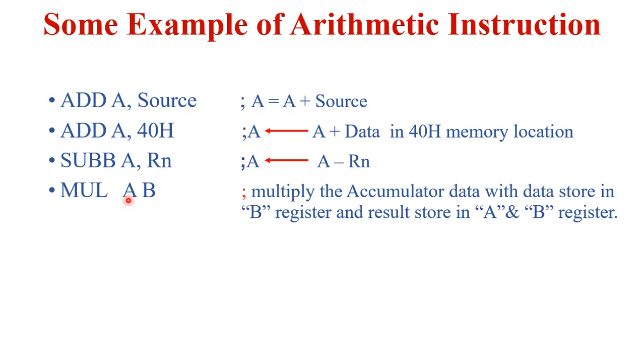In this instruction, A is the accumulator register and B is the B register. This instruction never changes in the case of multiplication. This instruction tells that multiply the accumulator data with the data stored in the B register and the result is stored in both the A and B registers.